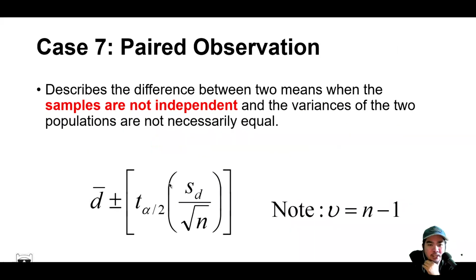Pero in this case, yung samples natin is dependent on each other, no? So kumbaga yung two means na kung saan natin kinuha yung data set na yun, they are not totally independent of each other. So usually when we say paired observation, as the name implies, no, naka-pair yung mga different observations natin.